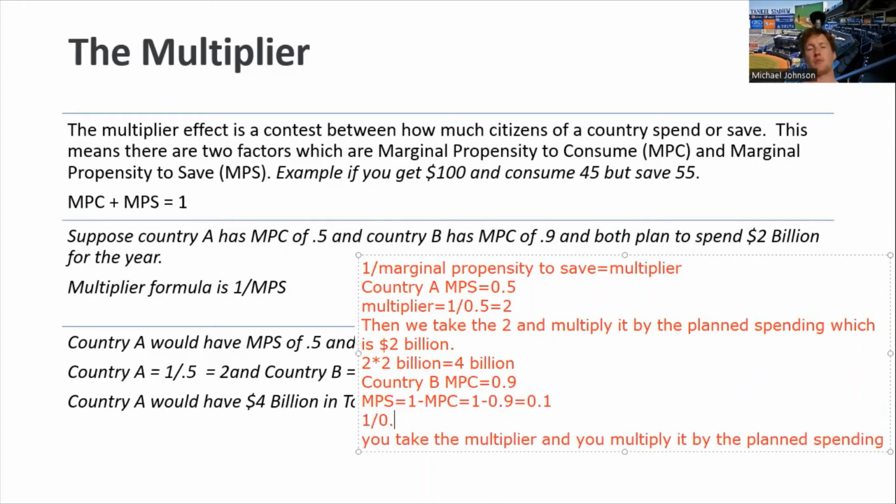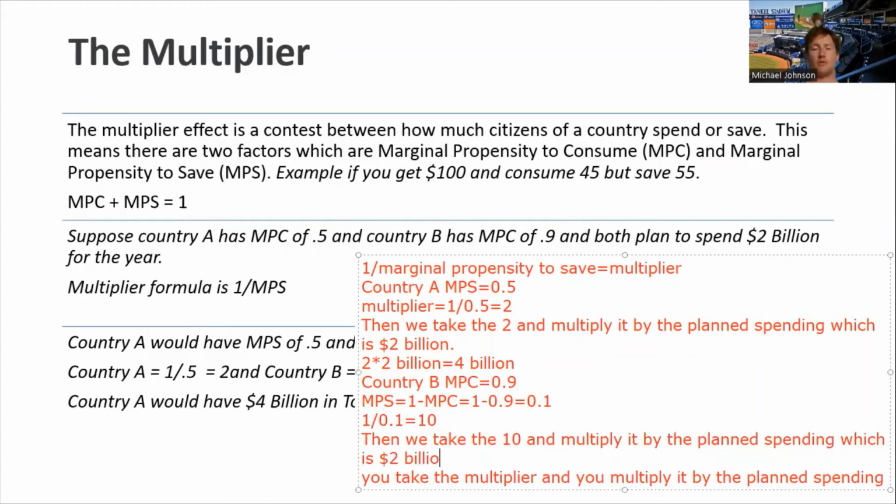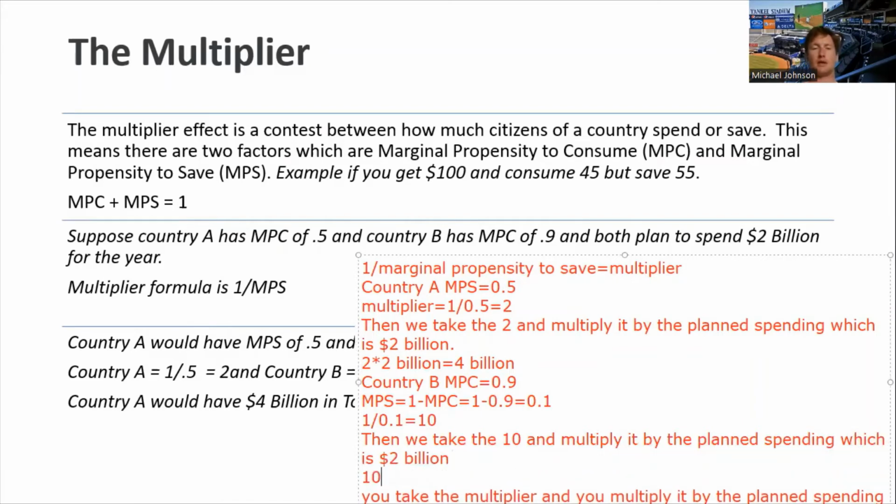Then we do 1 divided by 0.1, and we get 10. Then we take the 10 and multiply it by the planned spending, which is 2 billion. 10 times 2 billion equals 20 billion.